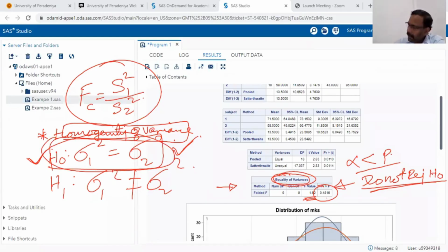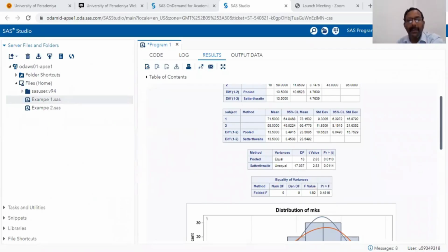Right? I will erase so that based on that, we accept our homogeneity of variance so that we can look at this information. We can look at that information. That is about the pooled t-test.